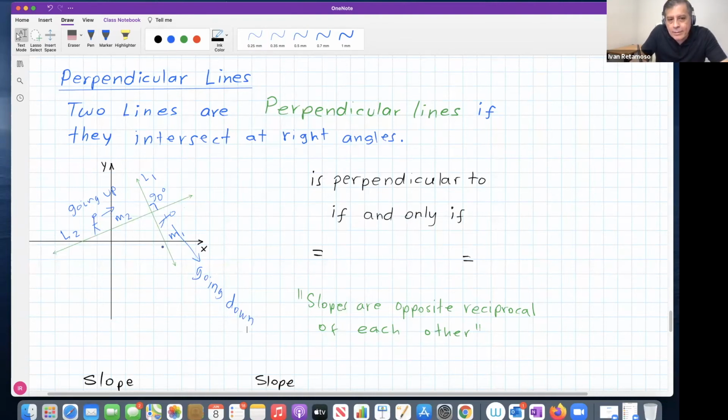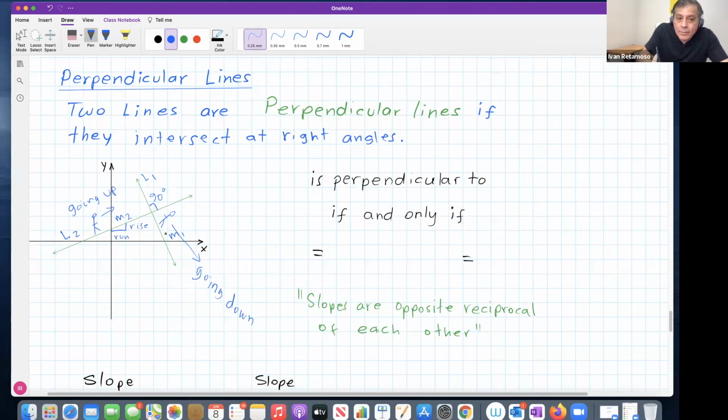So this is the first thing mathematicians notice. The second thing that mathematicians notice is this. If you analyze the rise over the run on this line, rise here, run here, this is what you get, right?